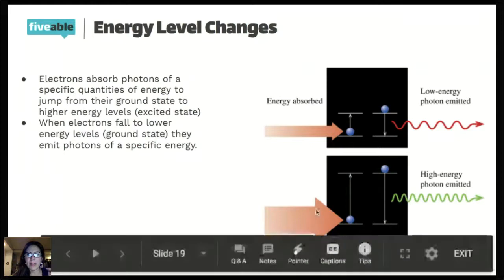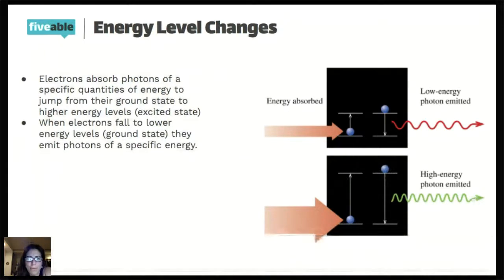If the electron receives a lot of energy, it will jump to much higher energy levels. And then on the way down, since this distance is longer, the photon emitted will have higher energy.